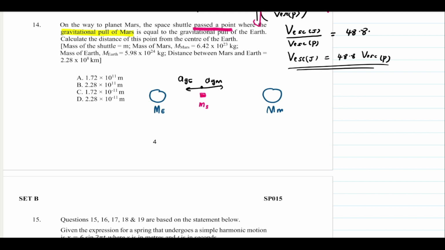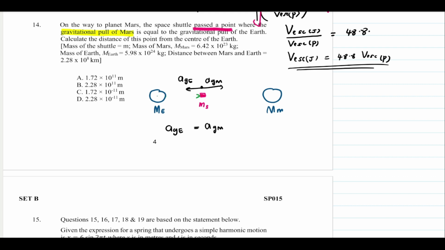And it's given that at that point, gravitational pull ataupun gravitational field strength due to the Earth is equal to gravitational pull due to the Mars. Boleh? Okay. Dan kita tahu jarak sini, kita tak tahu berapa, soalan suruh carilah. Calculate the distance of this point from the center of the Earth. Okay.